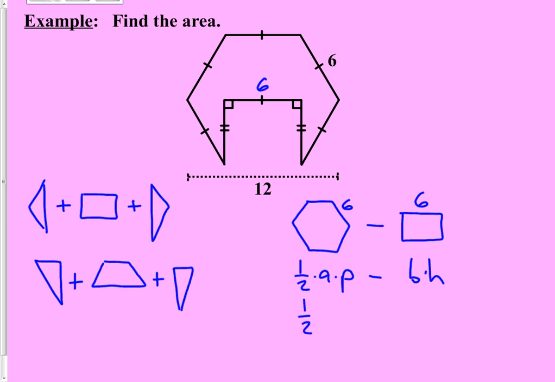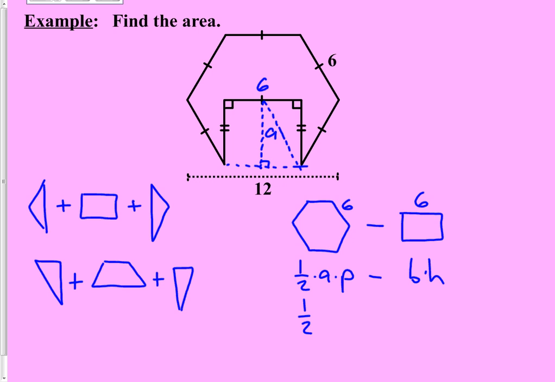Okay, we have 1/2. The apothem of the regular hexagon could be drawn in a lot of different places. Just going to try it right here. There's the apothem. I'm going to go ahead and put in a radius also.